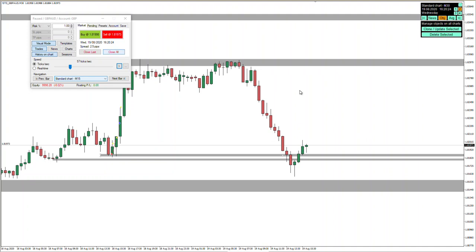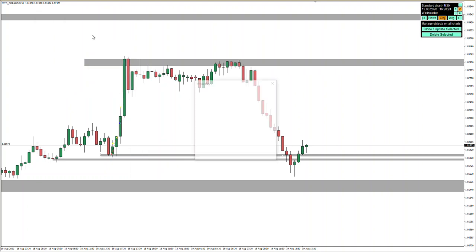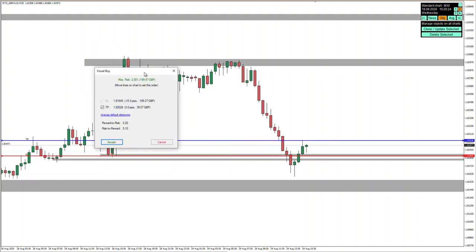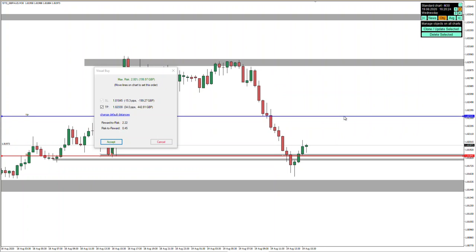Let me buy. I do a 2% risk with the stop just there, and the TP like that, which gives a really beautiful RR.